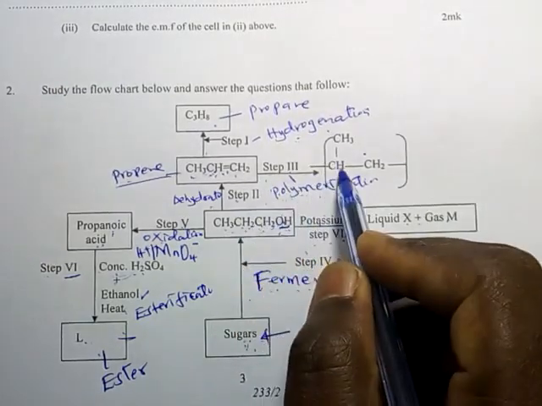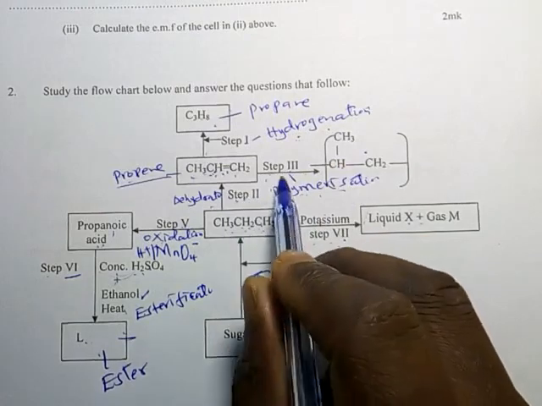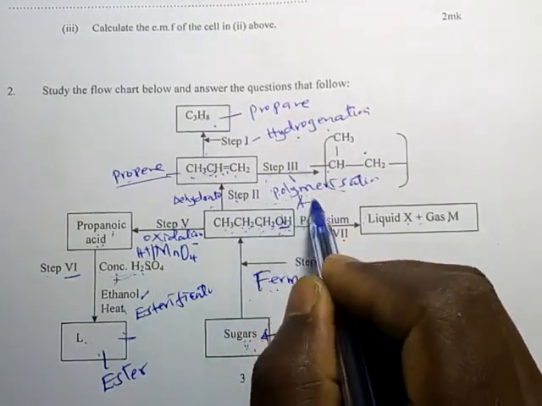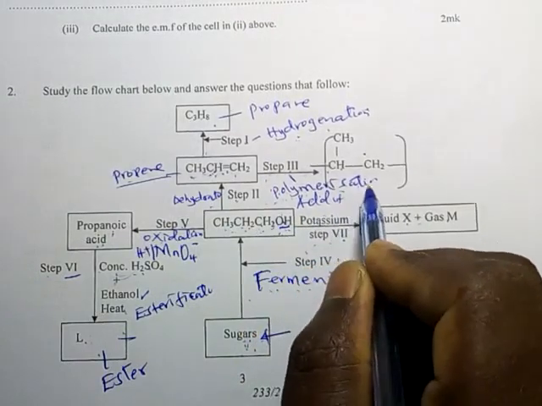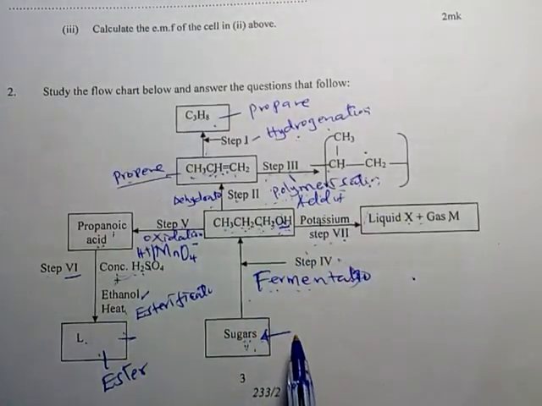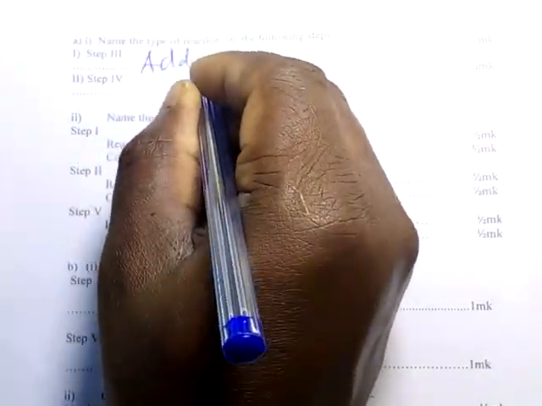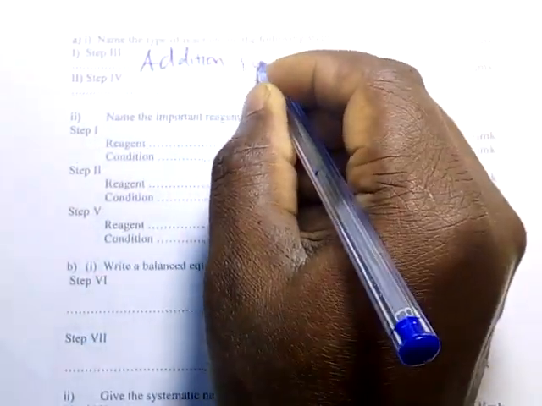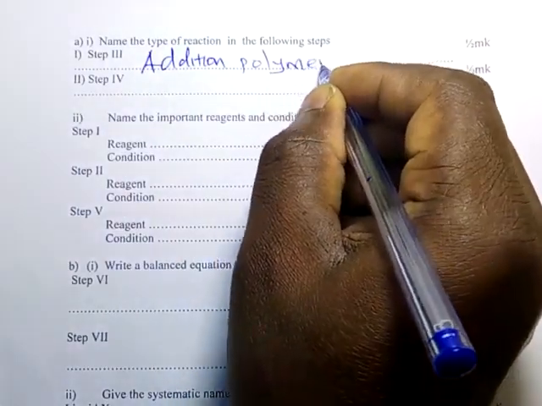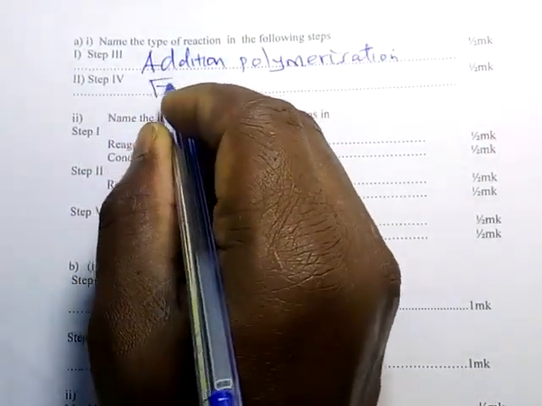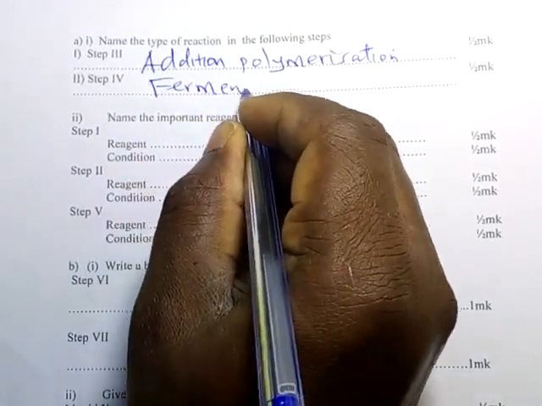This one is addition. Therefore, the correct answer for the reaction taking place here is addition polymerization. Step 3 is addition polymerization. Step 4 is fermentation.